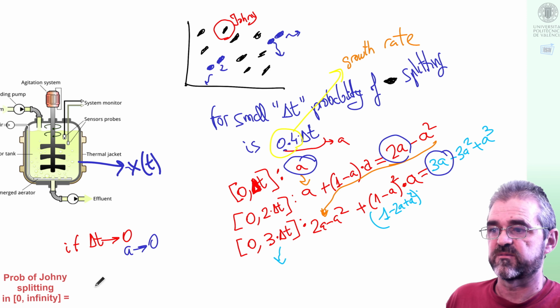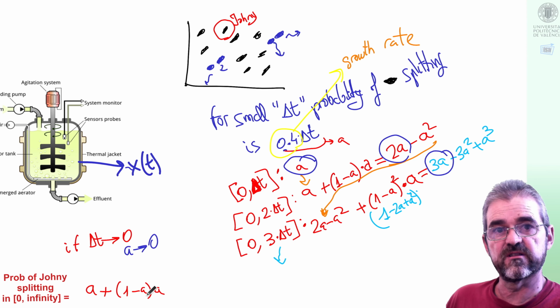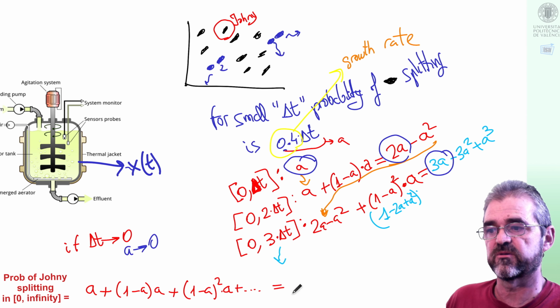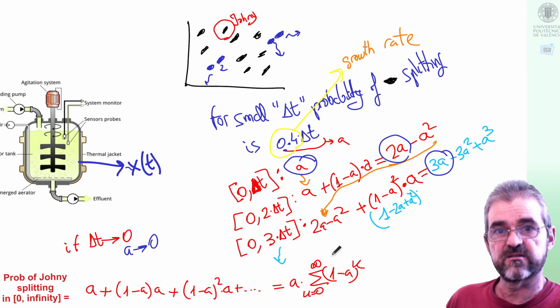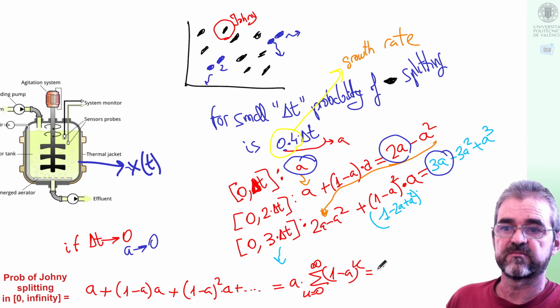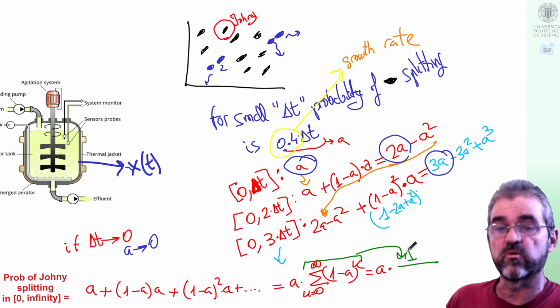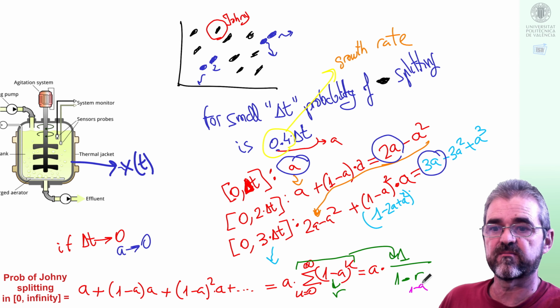Indeed, this is the probability of splitting in the first interval. This is not in the first and in the second. This is not in the 2 first intervals, but yes in the third, plus so on. So this is a times the summation of this geometric progression, and this is a times the formula for the sum is 1 over 1 minus the ratio of the progression, but this is the ratio, 1 minus a.